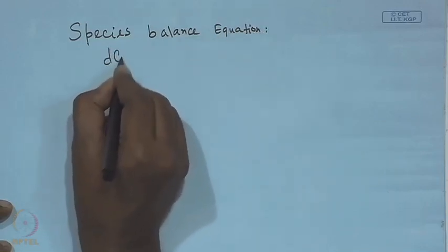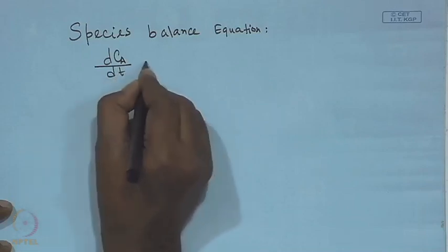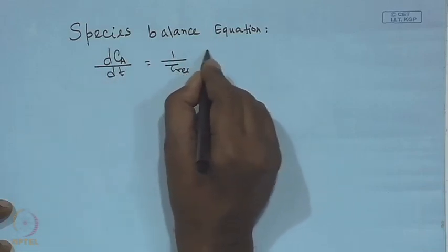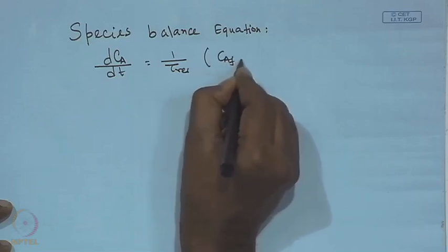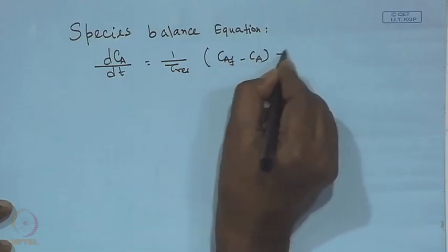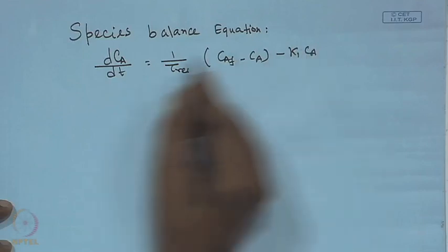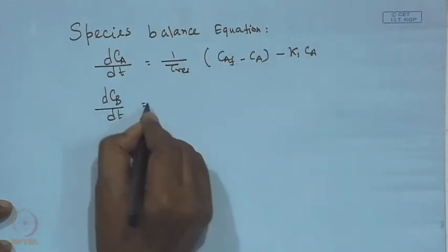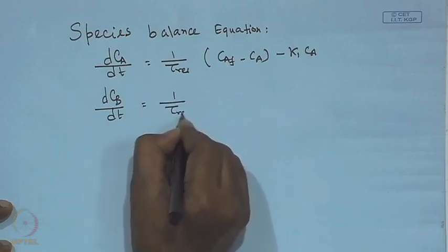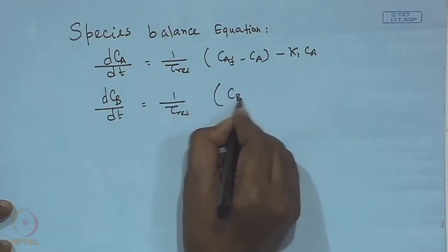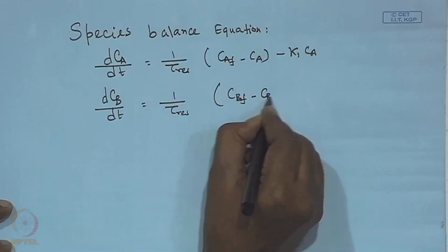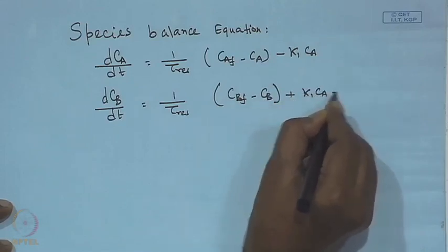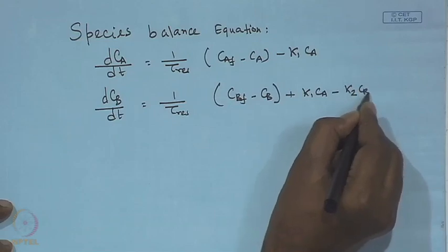We write it with tau as the residence time. This will be dCA dt is equal to 1 by tau times (CAF minus CA) minus K1 times CA, that is the A balance. B balance will be dCB dt equal to 1 by tau times (CB feed minus CB) plus K1 CA minus K2 CB.